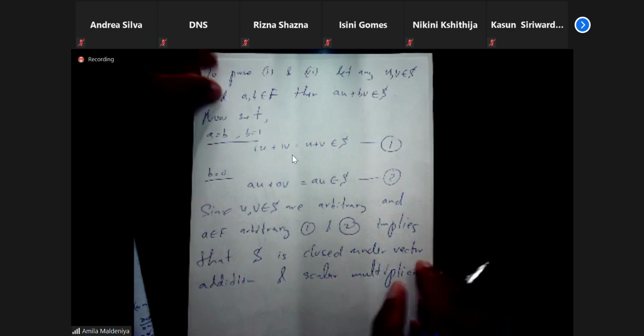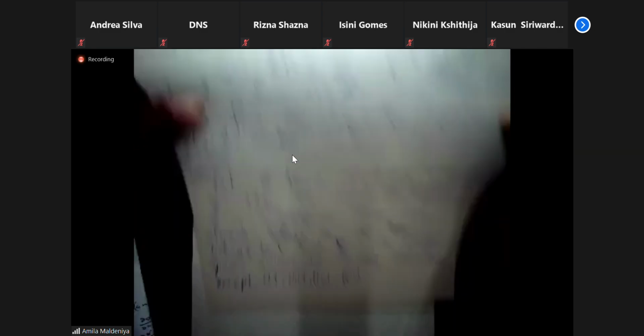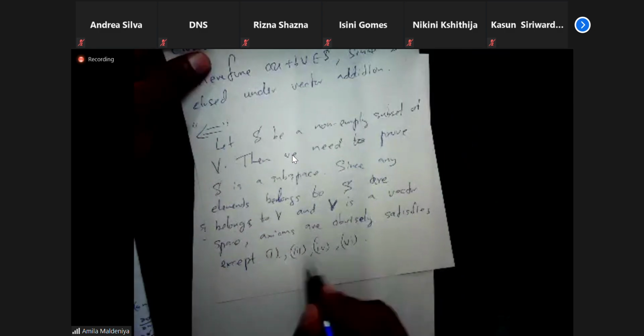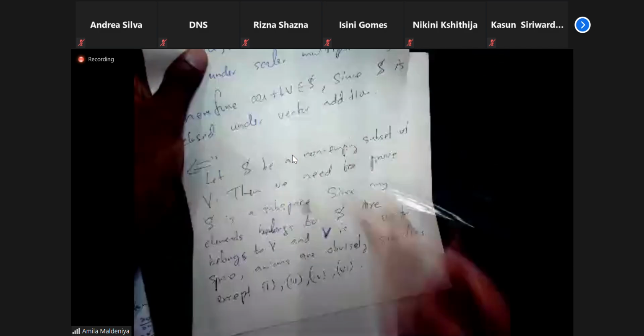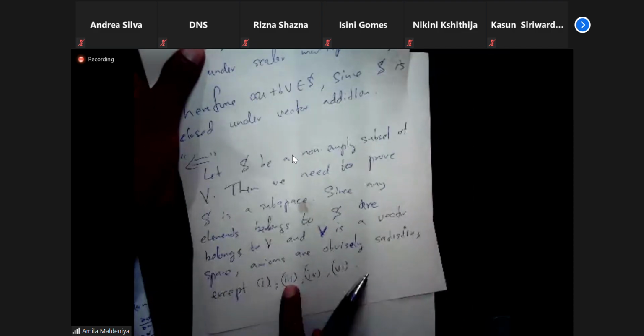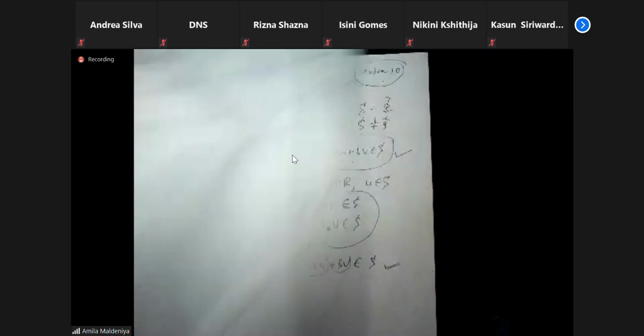So we need to prove axioms 1, 3, 4, 6. Axioms 1 and 4 we have proved, since being closed under addition and scalar multiplication means we have axioms 1 and 4. Then it remains to prove 3 and 6.